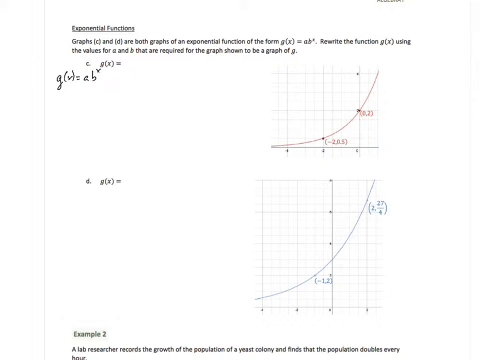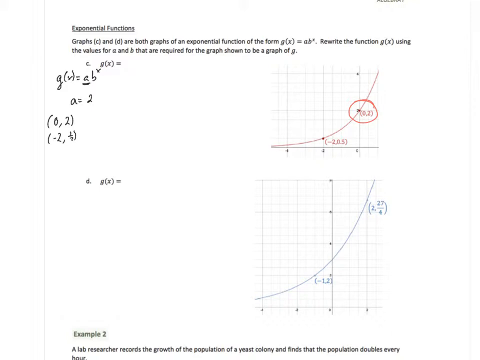If we recall, this is already really easy to figure out. A is our y-intercept, and I already see that my y-intercept is labeled right there. So before I even write anything, I know that a is already equal to 2. I didn't even have to do any math on that yet. Now let's look at our 2 points, (0, 2) and (-2, 1/2). How can we figure out this b?